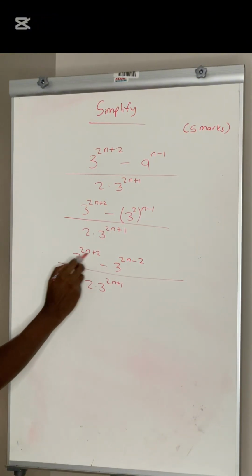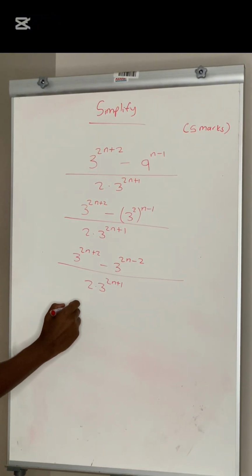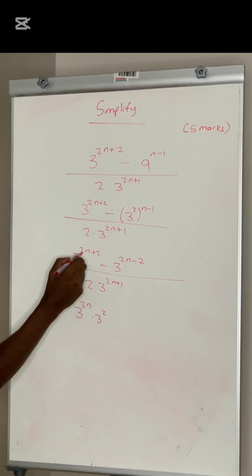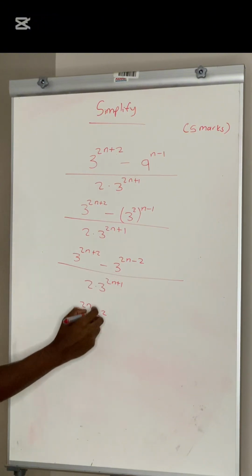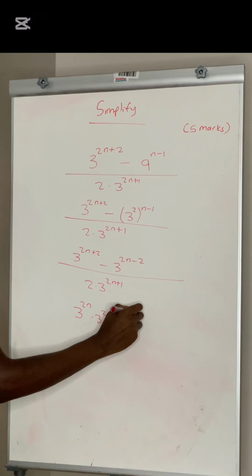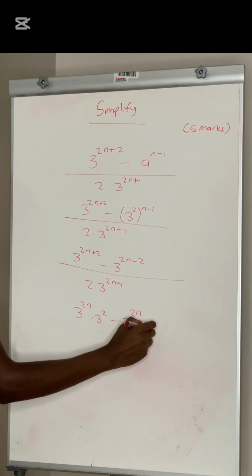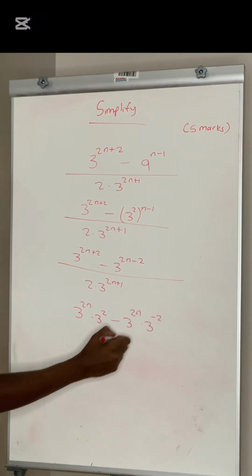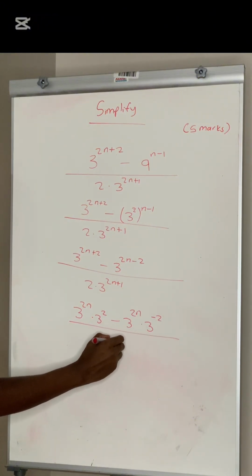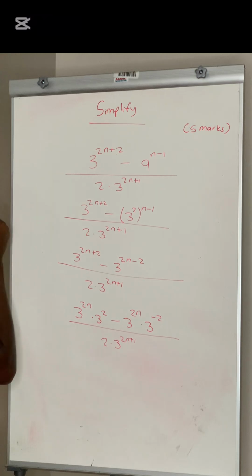Let's now expand the numerator. So 3 exponent 2n times 3 squared is the same as 3 exponent 2n plus 2 using the laws of exponents. Again, minus 3 exponent 2n times 3 exponent negative 2. All of that divided by 2 times 3 exponent 2n plus 1.